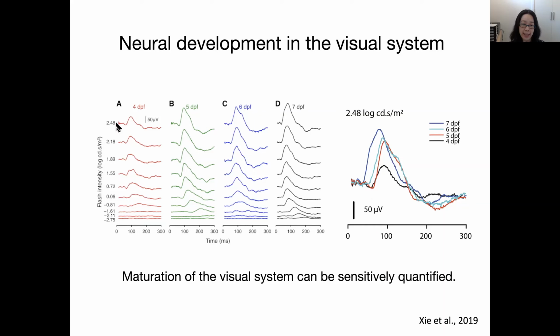So this just shows light intensity. So the higher the flash, the higher the response. And we can see here when we overlay the graphs at the highest light intensity, that at 7 days, the system has what we call matured, because the response is greater, but also faster. So the retinal neurons are working, the circuitry has been refined.